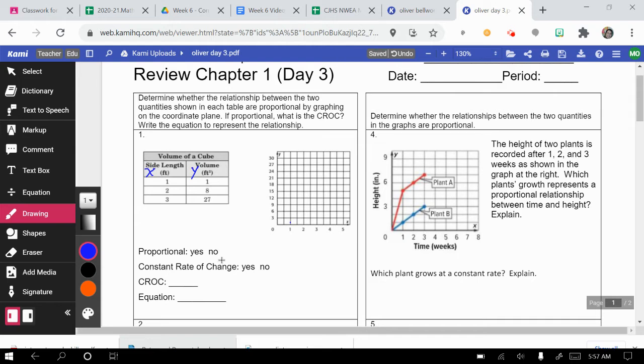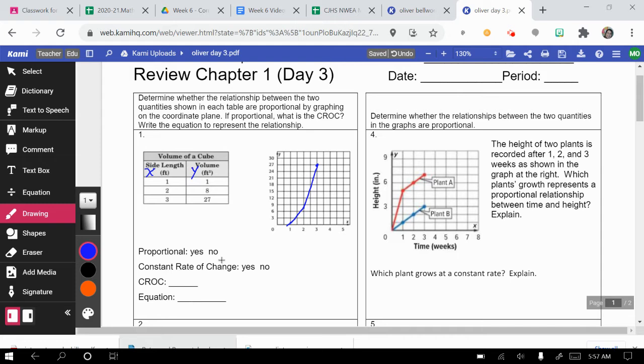When x is 2, y is 8. I'm going to have to do some estimating here. And when x is 3, y is 27. So is this a straight line?